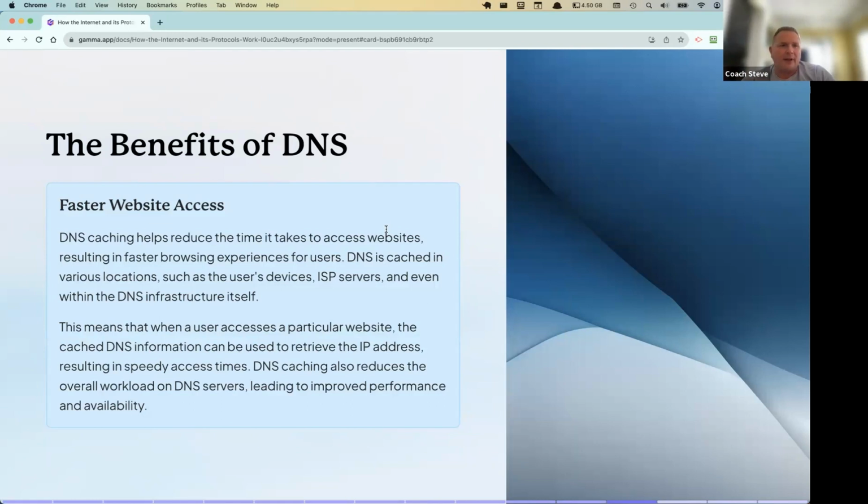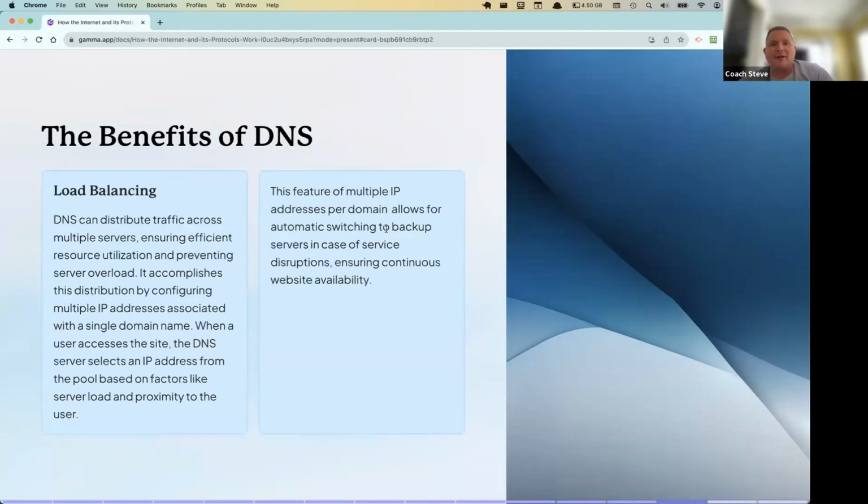Another benefit of DNS is load balancing. This is actually built into DNS. So if you have a domain name, you can actually map n number of IP addresses. Let's say you have different IP addresses that you want to publicly make available for your domain. When a request comes in for your website, it'll ping the first IP address.